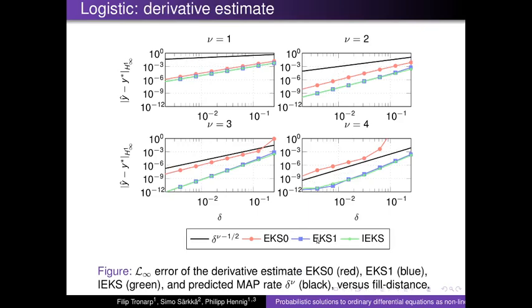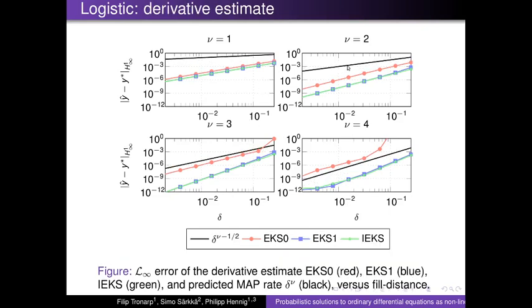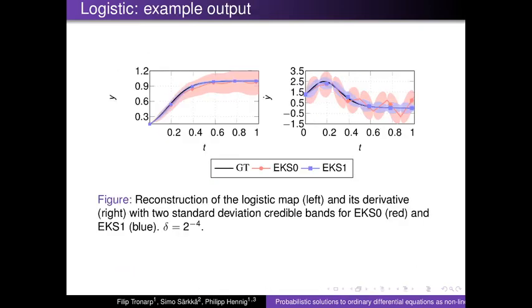And so this was actually the solution error, and then we can look at the derivative error, which is essentially the same story. And the black line is of course the predicted rate. And here is an example of the output. So we plot the EKS0 and EKS1 against the ground truth for the logistic equation with confidence intervals.